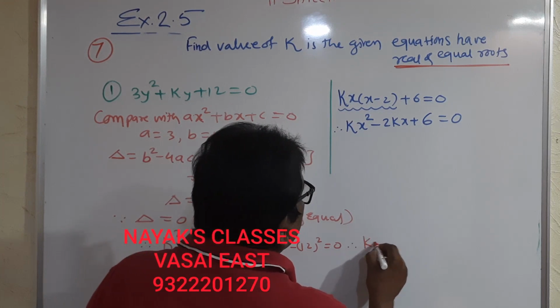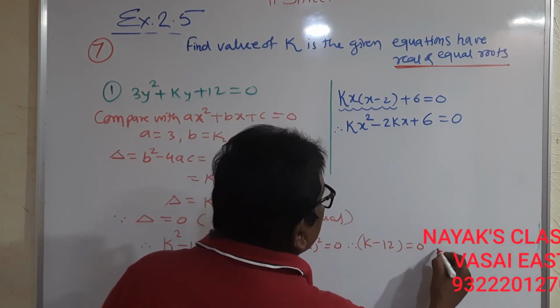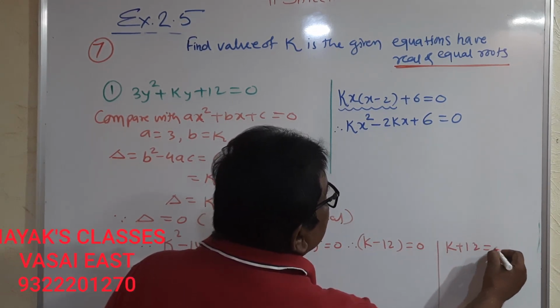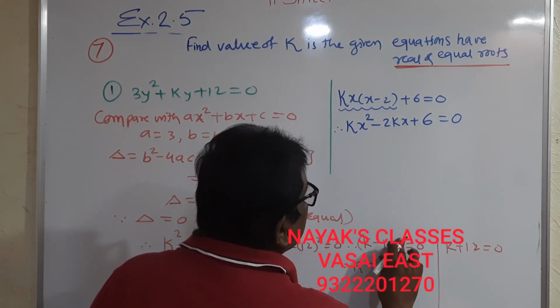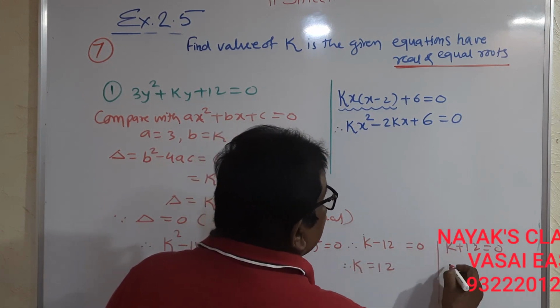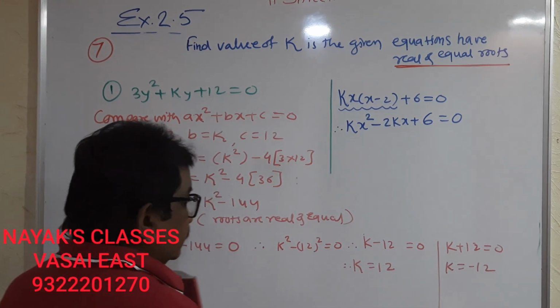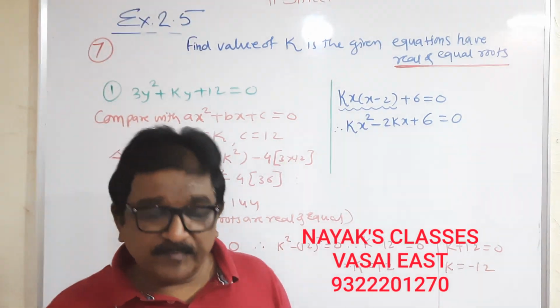Therefore, k minus 12 is equal to 0, or k plus 12 is equal to 0. Therefore, k is equal to 12 and k is equal to minus 12.